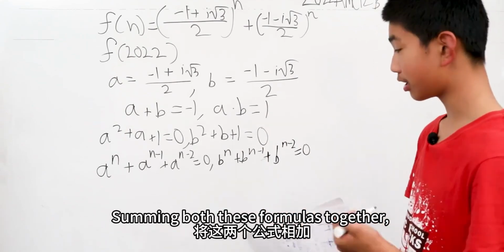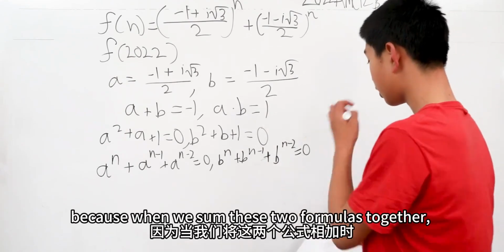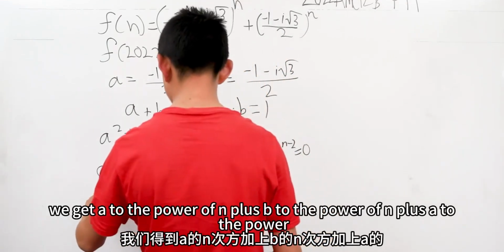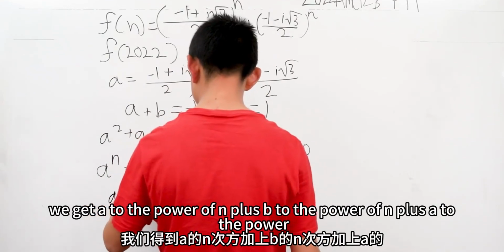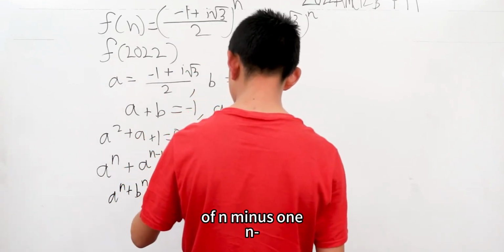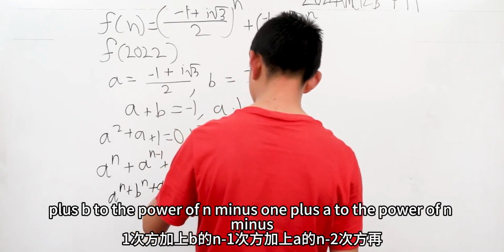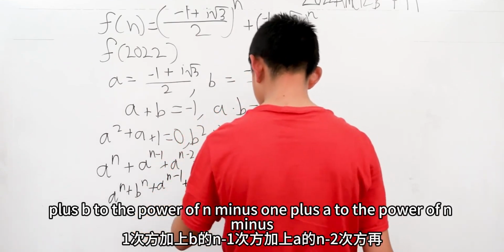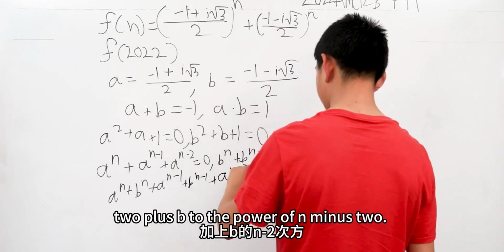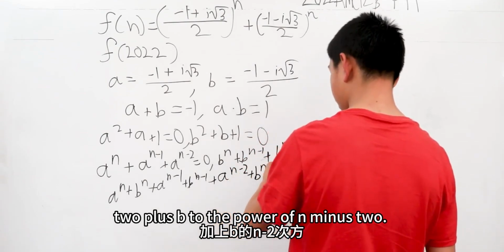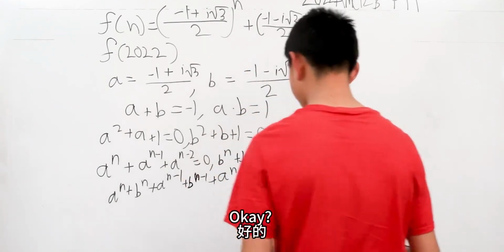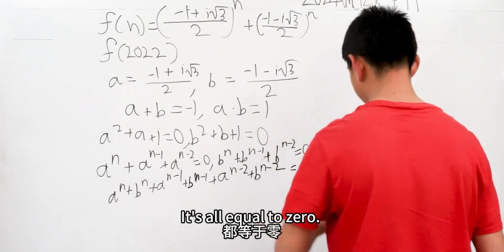When we sum these two formulas together, we get a to the power of n plus b to the power of n, plus a to the power of n minus 1 plus b to the power of n minus 1, plus a to the power of n minus 2 plus b to the power of n minus 2, all equal to 0.